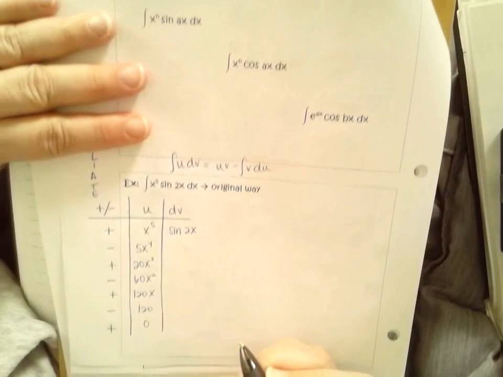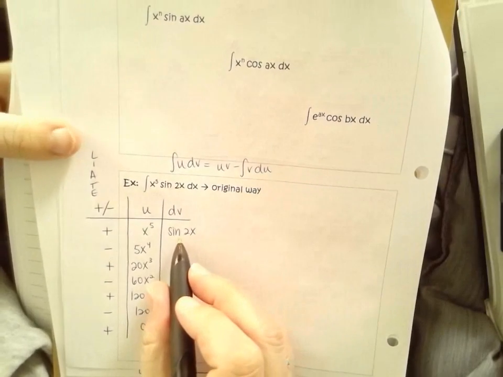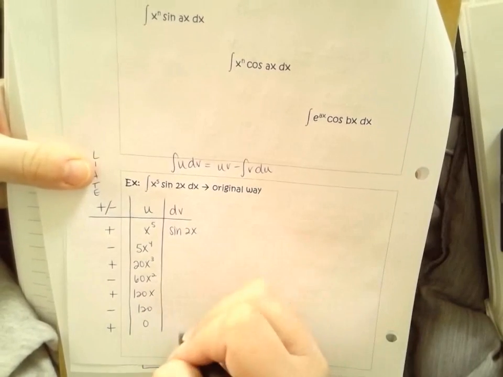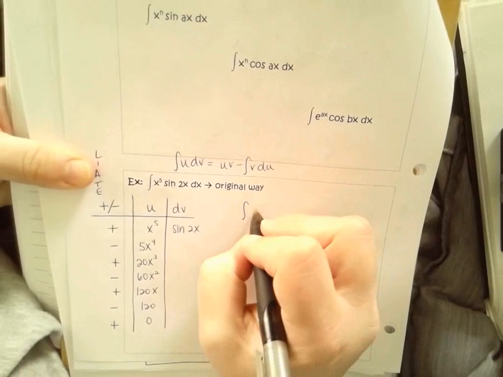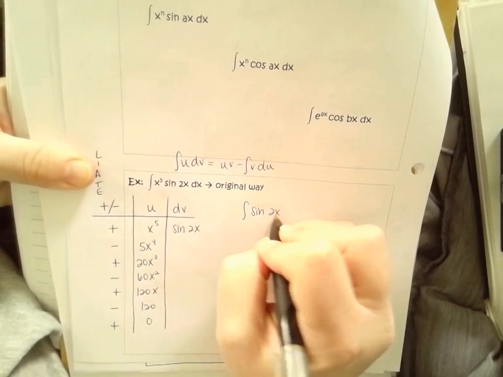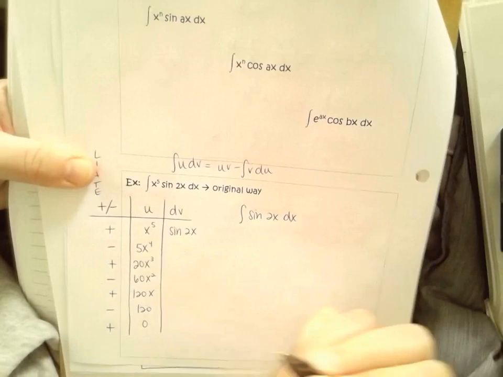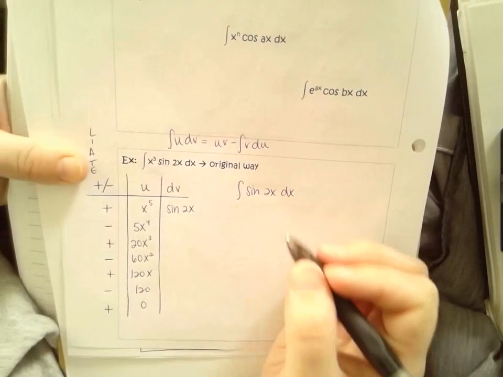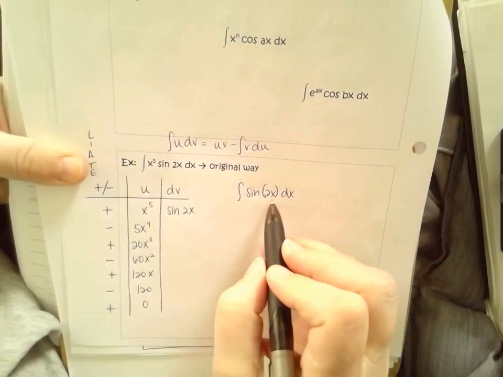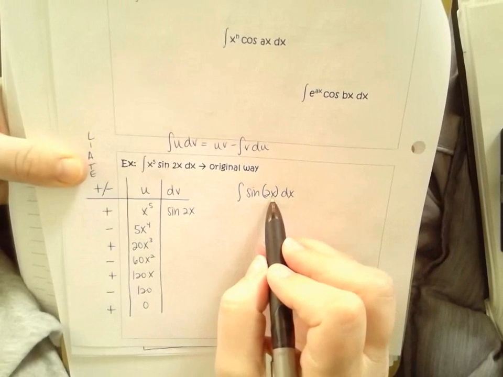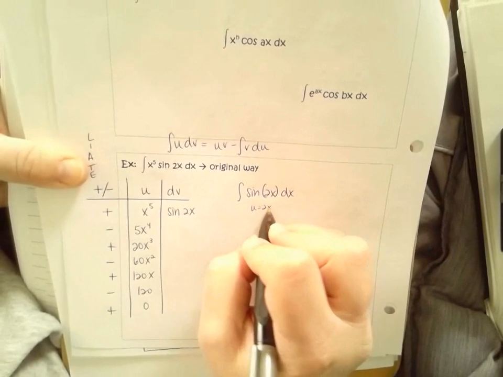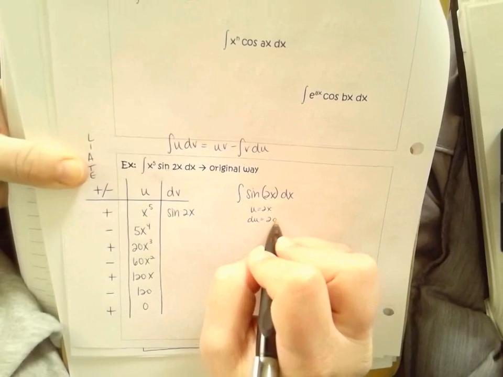Okay. And the sine 2x needs to be integrated. Now, if you're not sure what that's going to look like, then just integrate one of the sine 2x's off to the side just to see what the pattern's going to be. And there will be patterns involved. Okay, if this is the case, I'm doing a traditional u sub where 2x would be my u and du would be 2 dx.